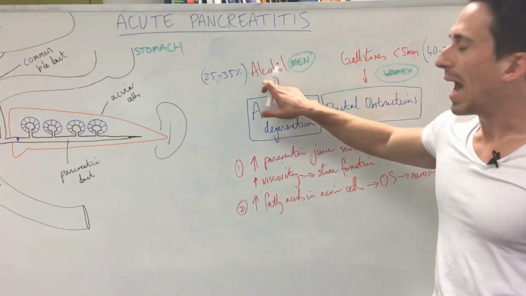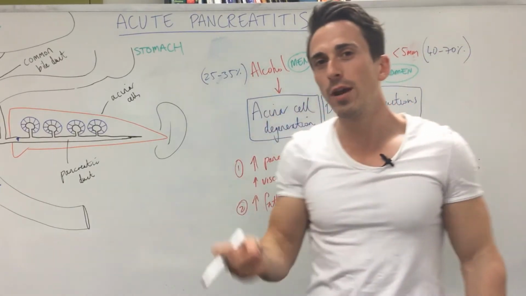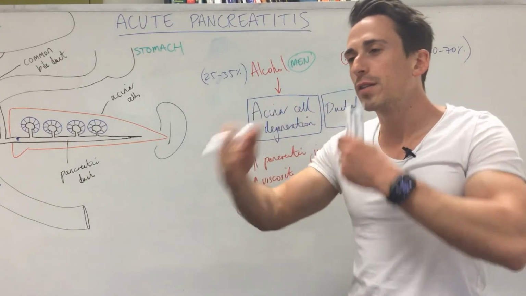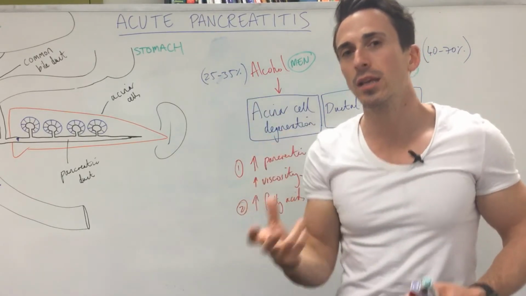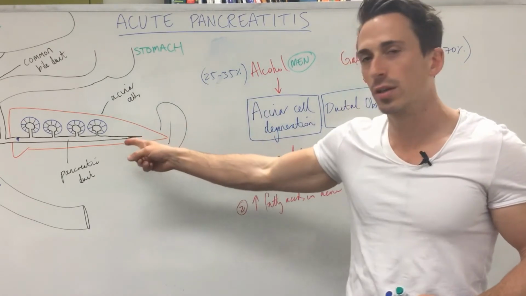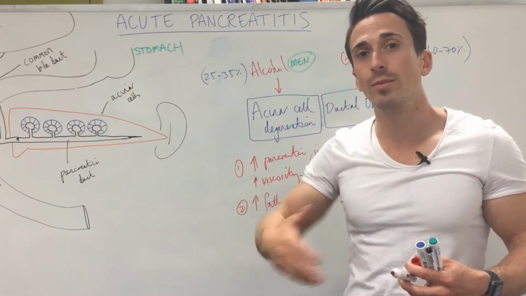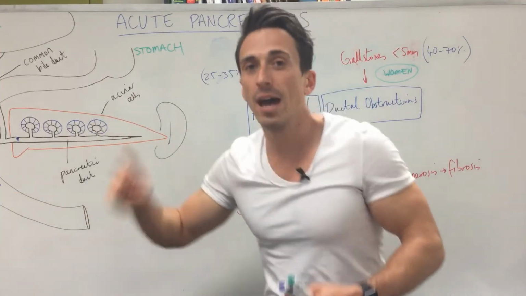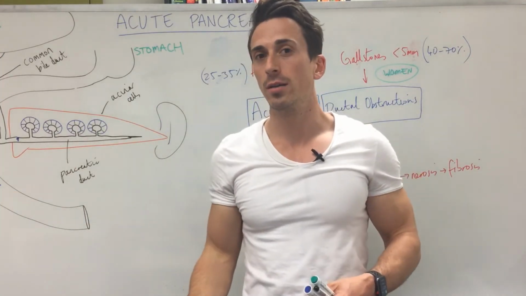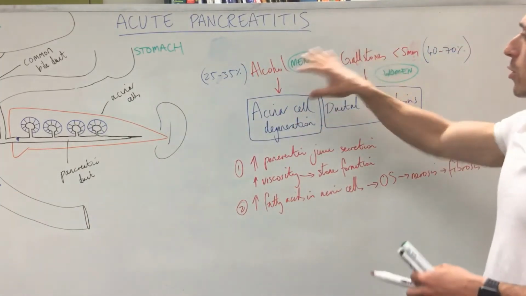Now, how? Well, there's a theory that over time, alcohol abuse can result in subclinical damage of the pancreas, leading to scarring over time, and then these scars can form ductal blockages, and then that will present as acute pancreatitis.